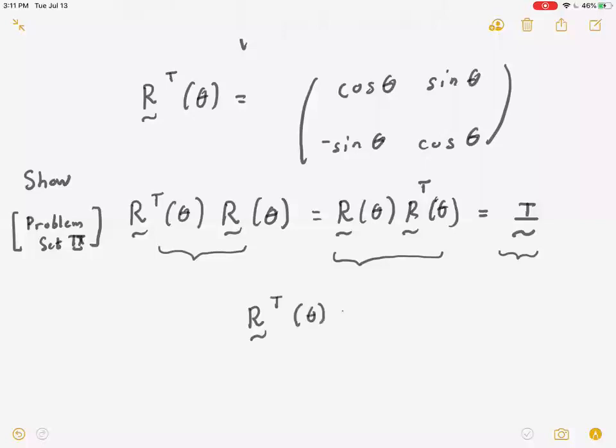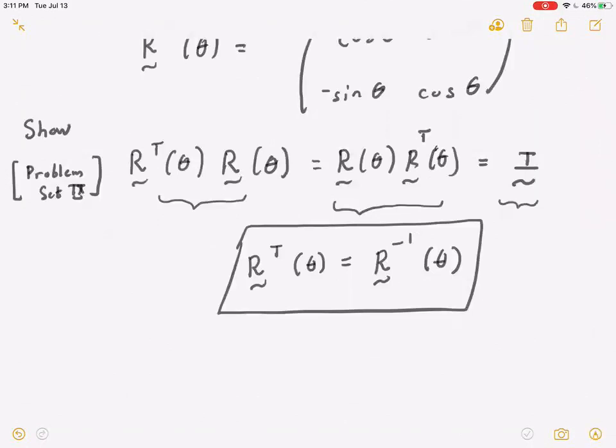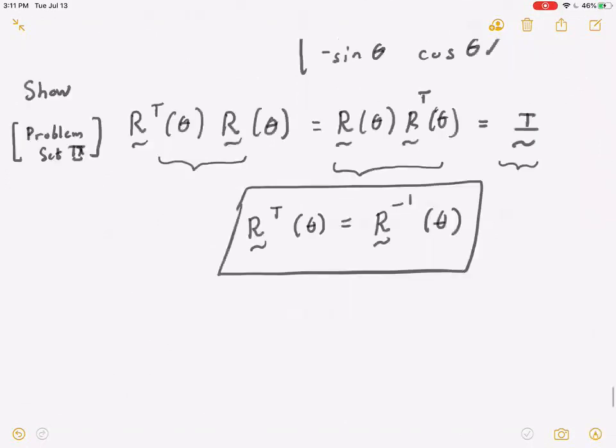It's telling us that when I look at the rotation matrix and take its transpose, I get exactly what I would expect if I took the inverse of the rotation matrix. So the rotation matrix has a very special property. If you take the transpose of the rotation matrix, you will get exactly what you would get if you wrote down the inverse of the rotation matrix.